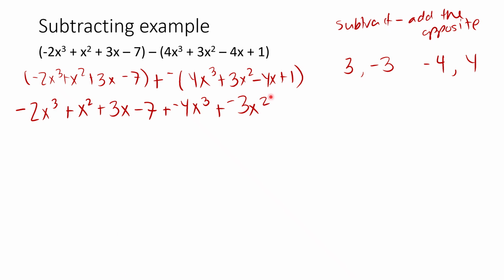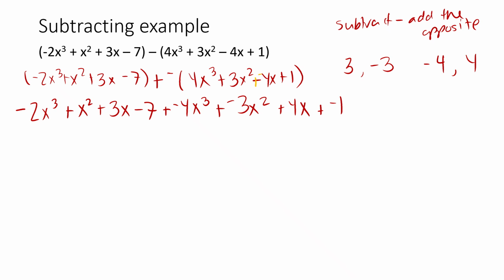This one, be careful, this is a negative 4x, so you might want to remember subtraction is always to add the opposite. And so this would be the opposite of negative 4. Well, the opposite of negative 4 is positive 4, and it's 4x. And then we have the opposite of 1, which is negative 1. And now the problem is exactly the same as it was before.